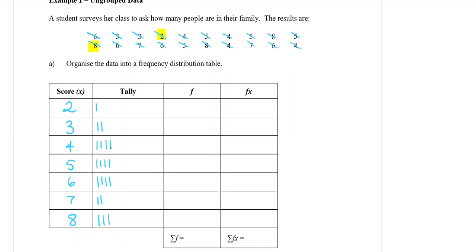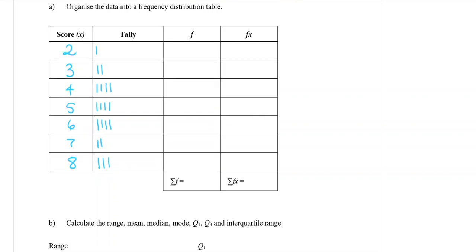Okay. Now you just need to count up how many tally lines you have because that makes the frequency. So there is 1, 2, 4, 4, 4, 2, and 3. When we add them all up, we should get 20.